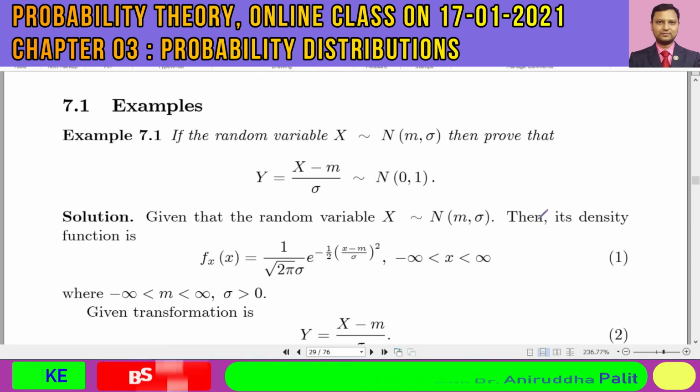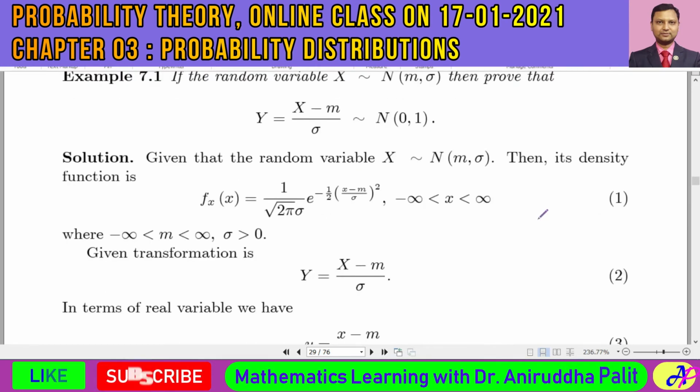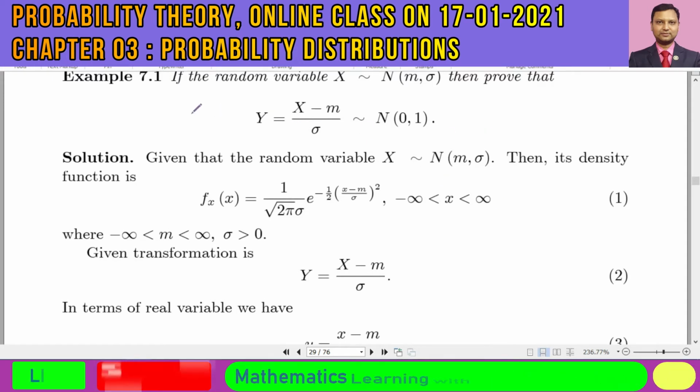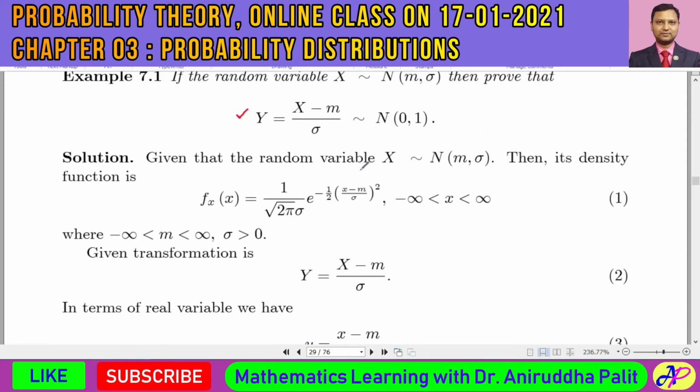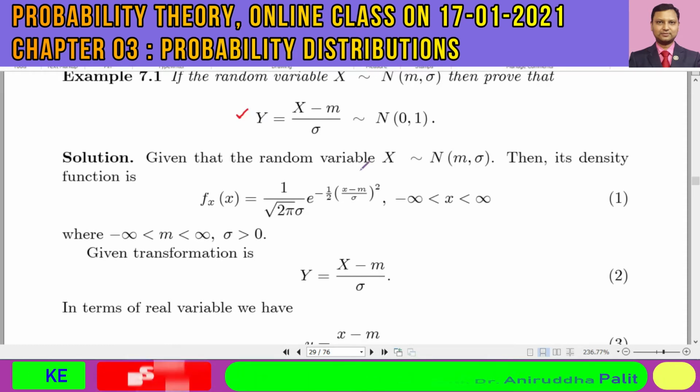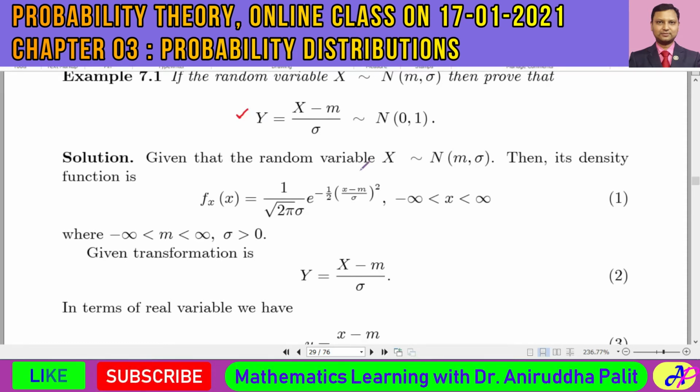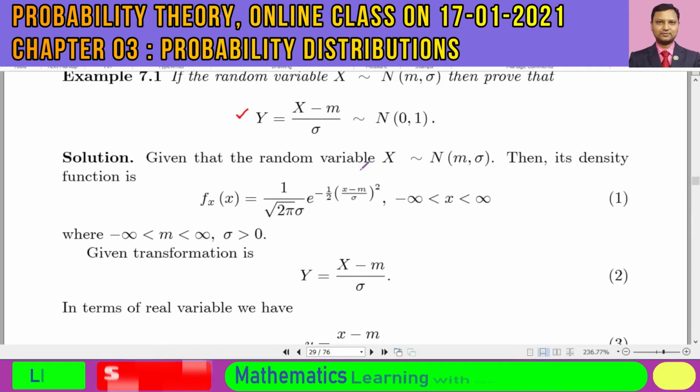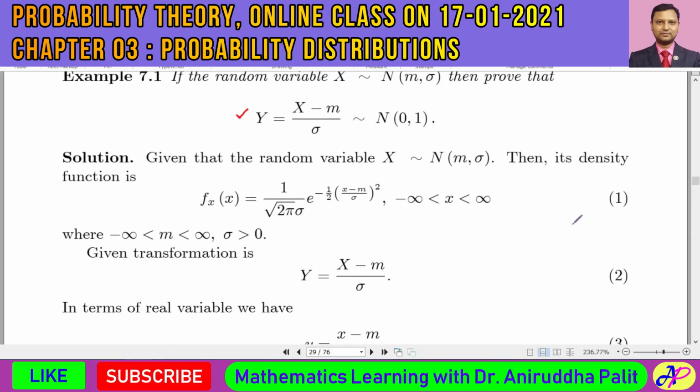Okay, so to prove this, we shall need to compute the spectrum of the random variable y and the corresponding probability density function of y from the probability density function of x, of course.